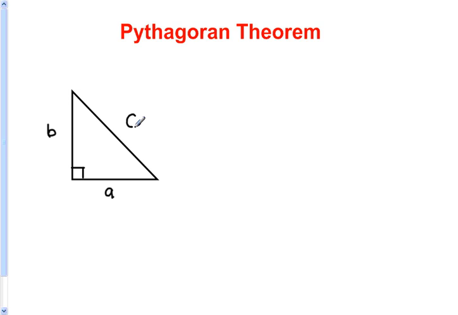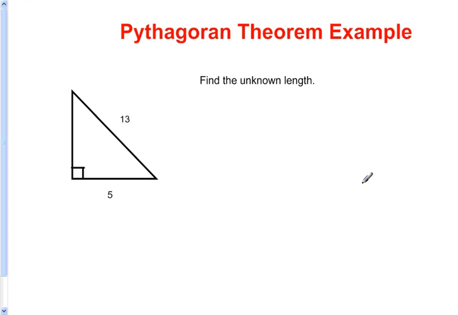And this side's C. The C side, recall, is called the hypotenuse, and our formula is A squared plus B squared is equal to C squared. There's Pythagoras. So what that means is if we have a right triangle and we have two sides, we can easily find the third.